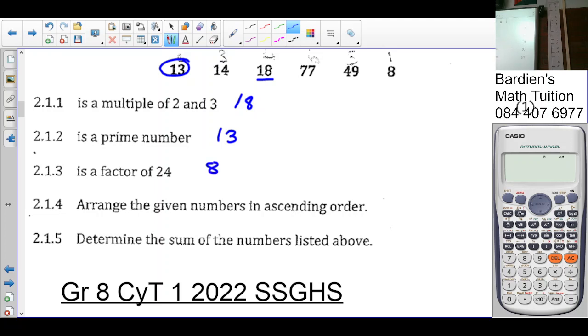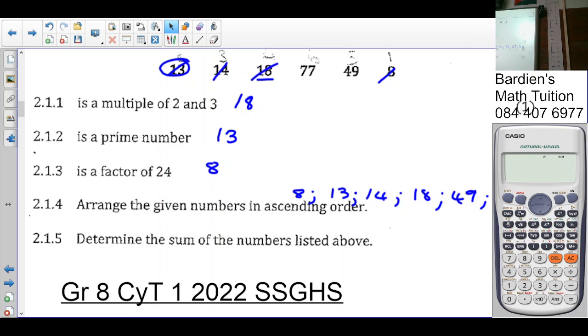8. Okay. Arrange these numbers in ascending order. What does ascending mean? Smallest to biggest. So I start with 8, then 13, then I wrote 14 first. It's going to be 13, 14, 18, 49, and 76. Okay. Then it says determine the sum of these numbers listed above.